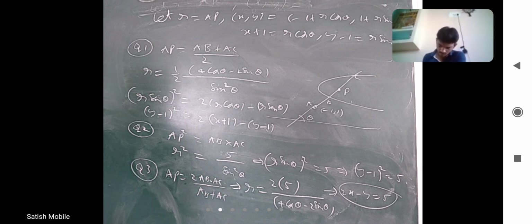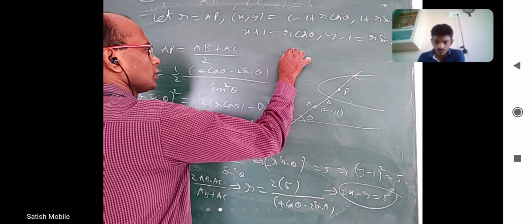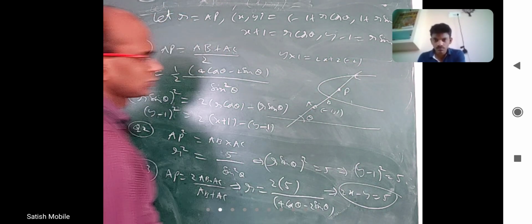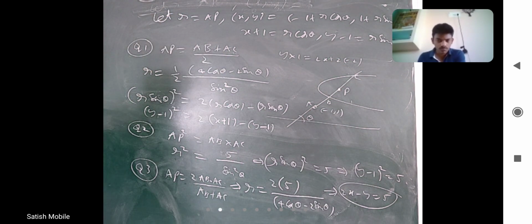When I substitute this in y square equal to 4x, I have minus 4 and 1, minus 5 plus 4. Okay, minus 1 comma 1, polar: y into 1 equals 2x plus 2 into minus 2. The polar is coming 2x minus y minus 4 equal to 0, right?